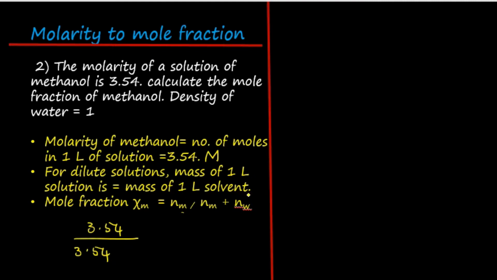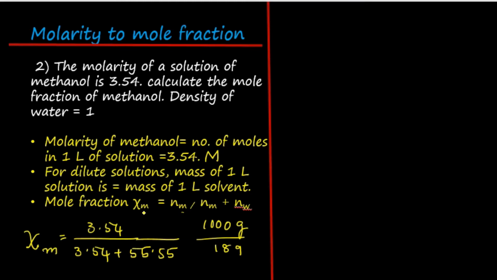So we will take mass of 1 liter of solvent as 1000 grams. 1000 grams divided by molar mass 18 grams will give 55.55 moles of water. So Nw is 55.55, Nm is equal to 3.54. This is equal to the mole fraction of methanol.